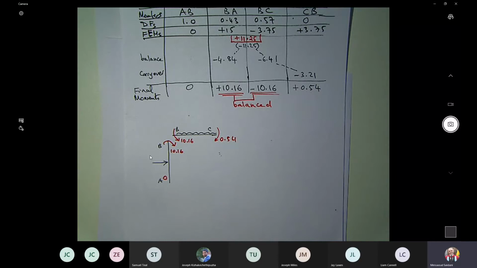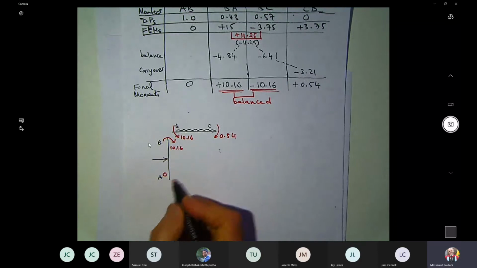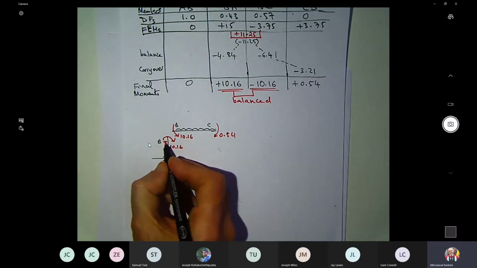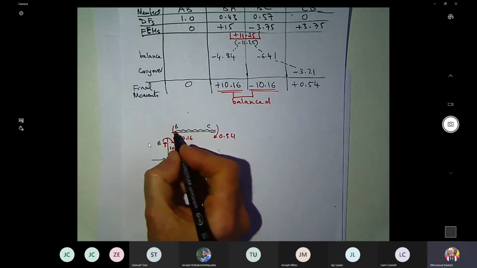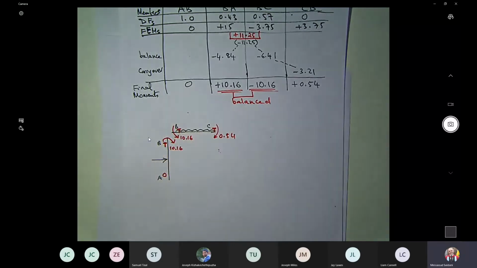If you want to show the tension, because you need it, at A, obviously there is no moment. At B, the tension is on this side. At B, on the beam, it's at the top, and the tension is at the top there. And that will help me.